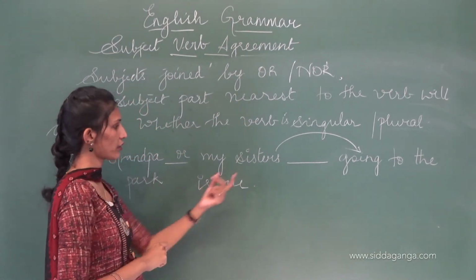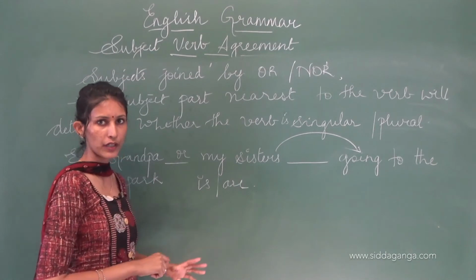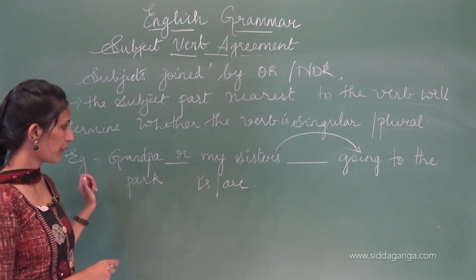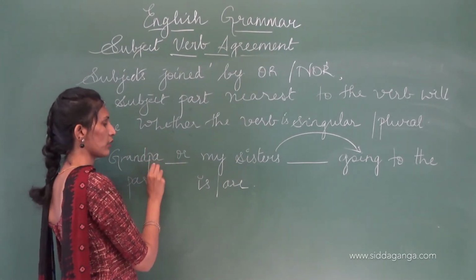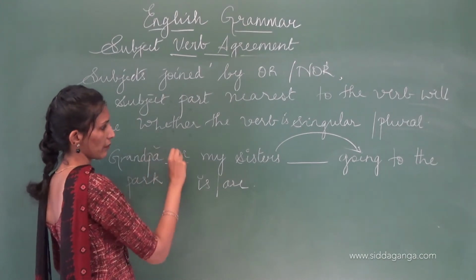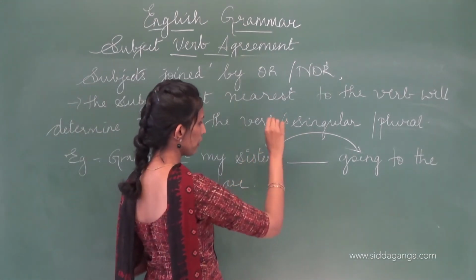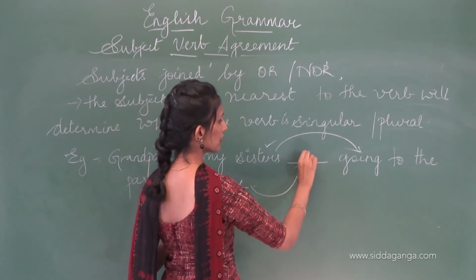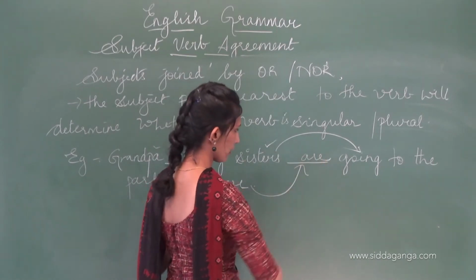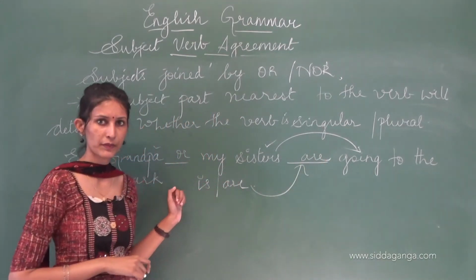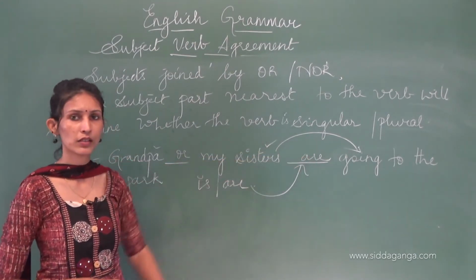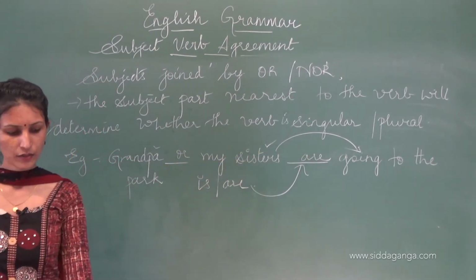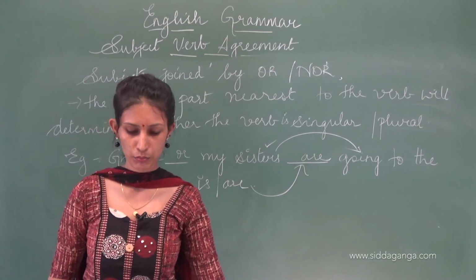Now you have to just fill in the blank there. Grandpa, he is alone. He is singular here, but sisters become plural. So this "are" comes here, are going. That becomes many people going. Whichever is closest will decide whether it is singular or plural.